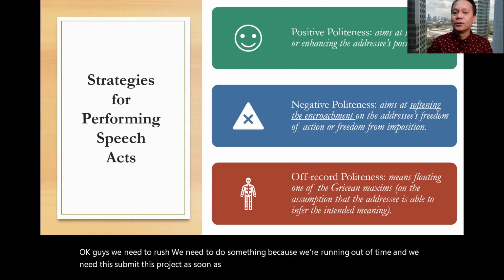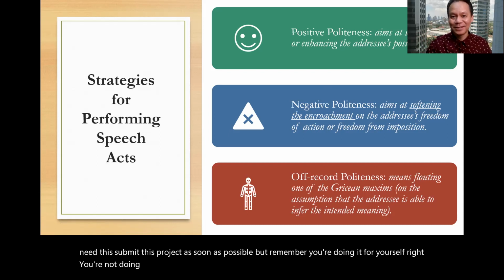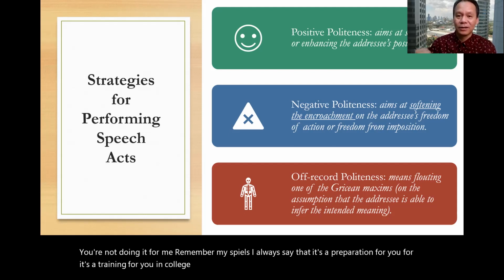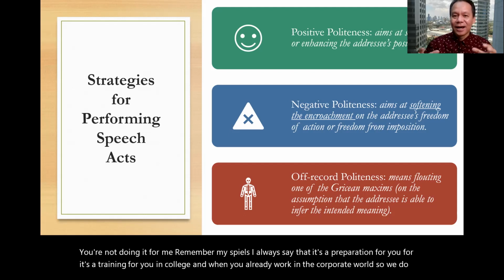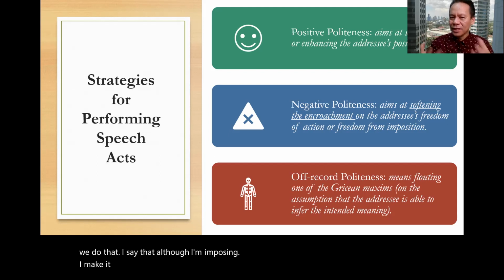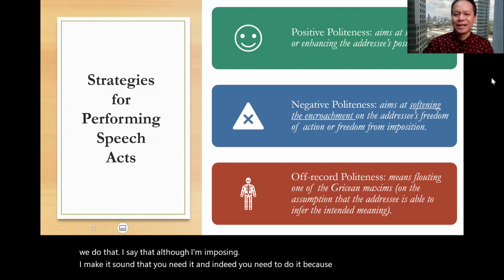But remember, you're doing it for yourself, right? You're not doing it for me. Remember my spiels? I always say that it's a training for you in college and when you already work in the corporate world. So I say that. Although I'm imposing, I make it sound that you need it. And indeed, you need to do it because you're a student. You need to learn.